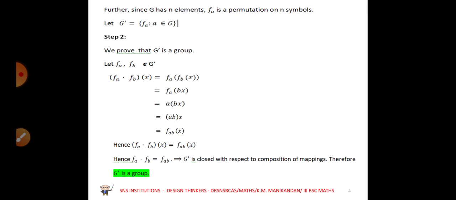Again from the definition of the permutation mapping, it will be mapped to FAB of x. So therefore we have shown that FA dot FB of x is equal to FAB of x. Now from this we see that FA dot FB equals FAB. So G dash is closed with respect to composition of mappings. Therefore we have shown that G dash is a group.